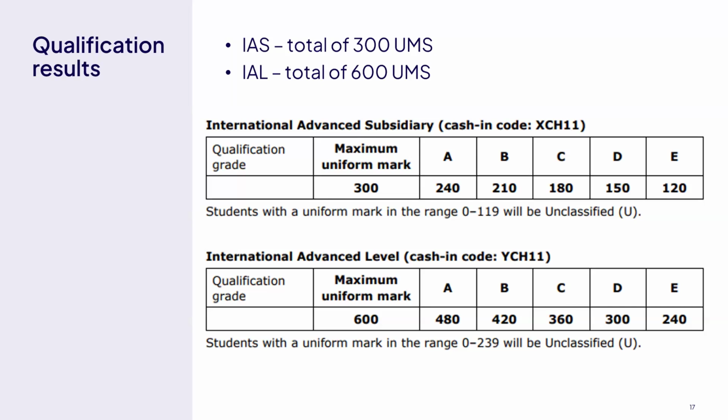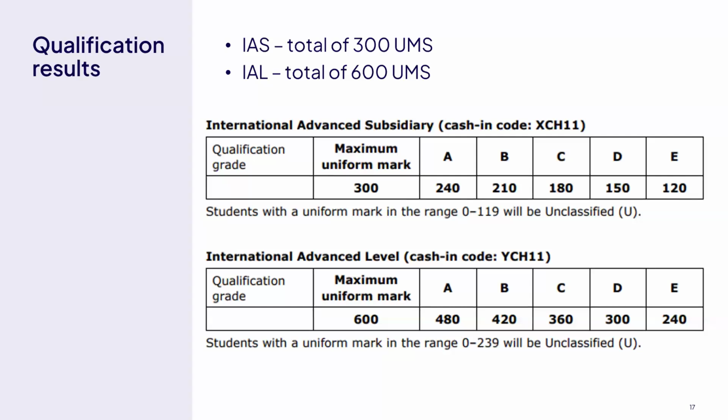scores that are needed in order to be able to obtain grade A at IAS and grade A at A level. So 240 marks to get a grade A at IAS and 480 uniform marks to get a grade A at IAL.